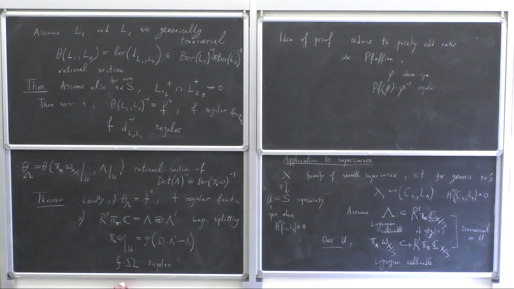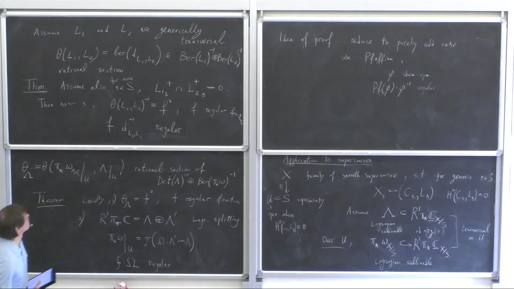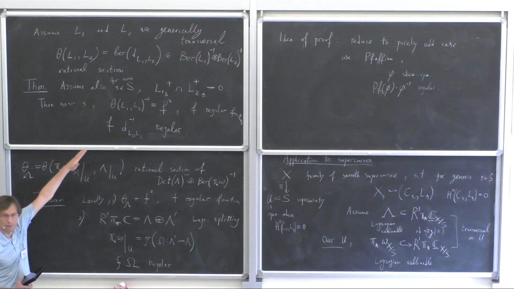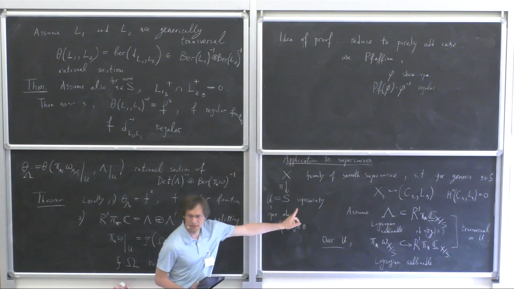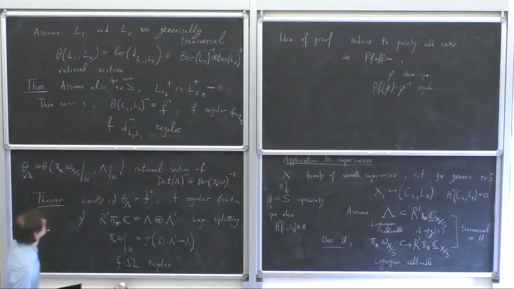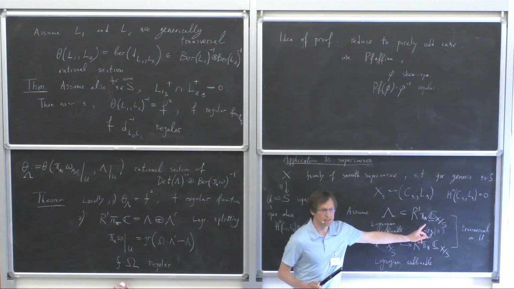So at first glance, it might look very similar to the previous theorem, but there is one catch. The catch is that there I assumed that L1 and L2 are defined globally. And here they're only defined on this open subset U. So I cannot actually deduce this directly from the abstract theorem. So what I have to do instead is define another symplectic bundle, much larger, from which this one is obtained by some kind of symplectic reduction.